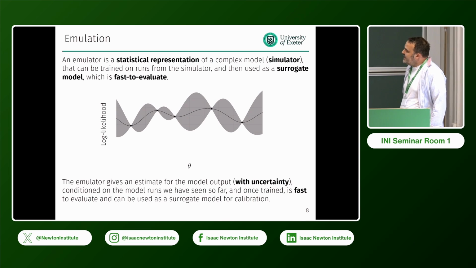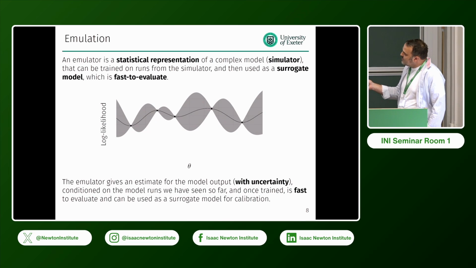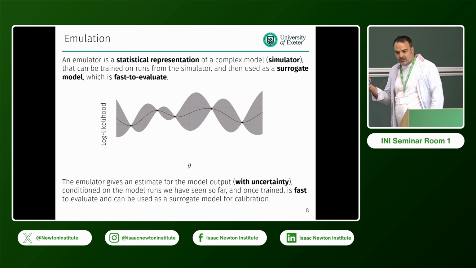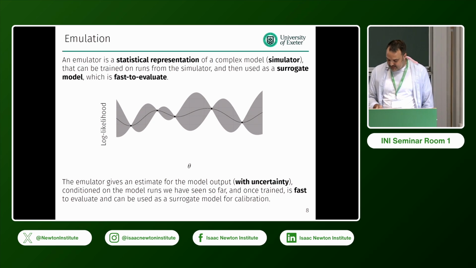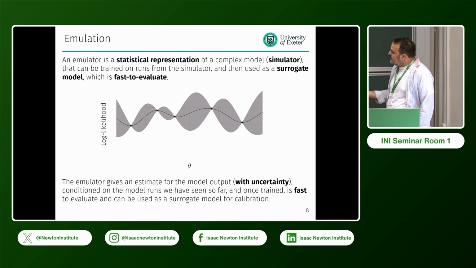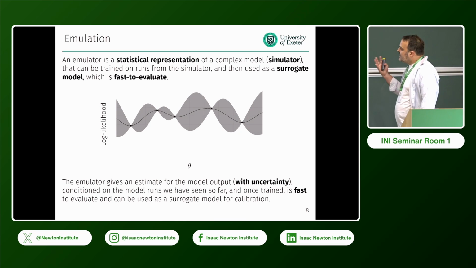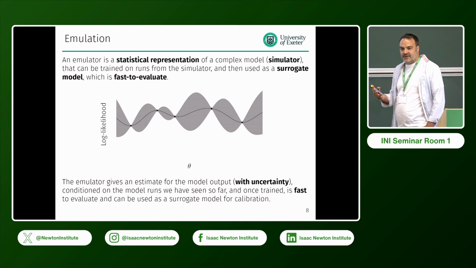If I do that here, then the black line corresponds to the point estimate, or the mean, for our emulator. But crucially, we know that the emulator is an approximation of our complex model, and these Gaussian processes give us an estimate of that uncertainty.